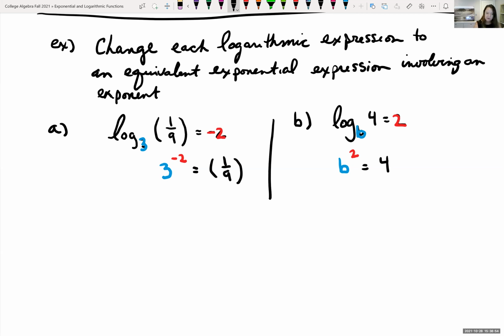So we can solve for b. Take the square root of both sides. We get b is equal to plus or minus the square root of 4, so b is equal to plus or minus 2, except we have to remember that our base is greater than 0. And so b has to just be 2.